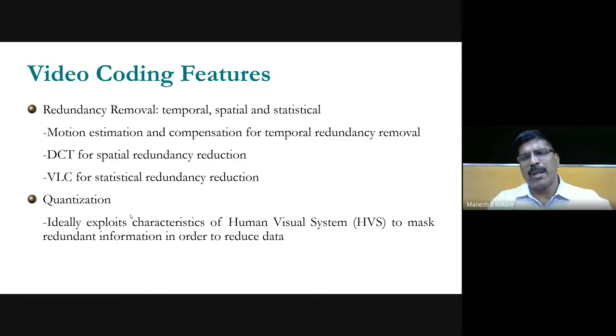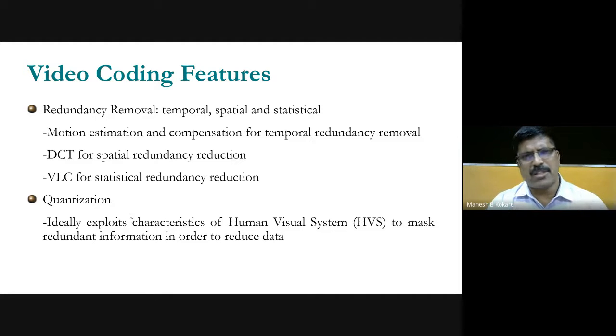So for example, if I'm standing for 1 second, and the camera is capturing the video in frames per second, and I don't move for 1 second, then 30 frames will be the same frame. That is nothing but temporal redundancy: the first frame is just like the second frame, just like the third frame, and so on.